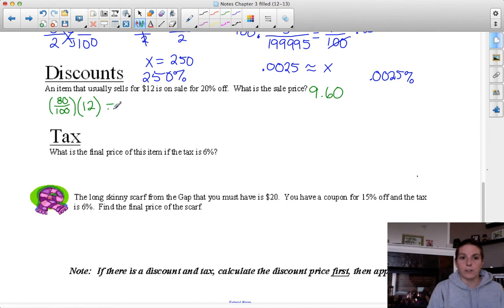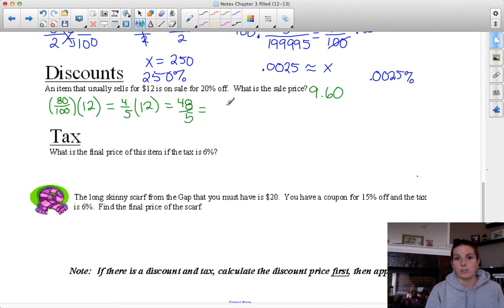Now, using all your fraction rules, 80 over 100 becomes 8/10, which we know is 4/5 times 12. And again, at some point you're going to grab your calculator, so that this becomes 48 over 5. And only because I don't have my calculator here is why I'm going through all of this.